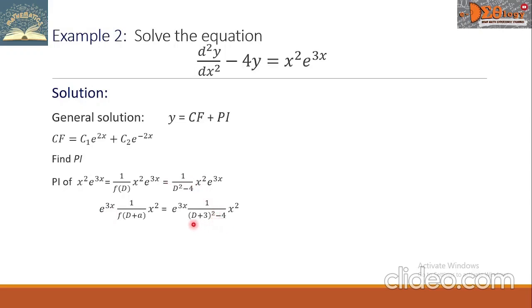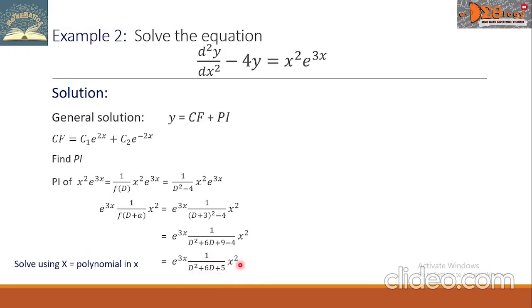Let us expand our D plus 3, that is squared. It becomes like this, and when we simplify our denominator, this positive 9 minus 4 becomes plus 5. In this case, we're going to solve this fraction 1 over D squared plus 6D plus 5 with respect to our x squared.